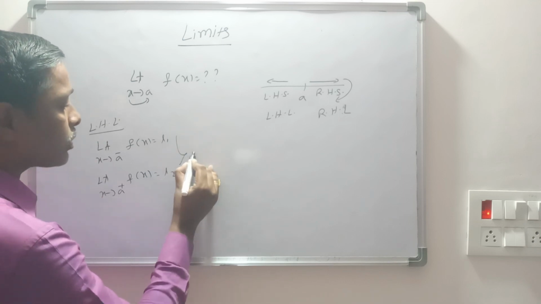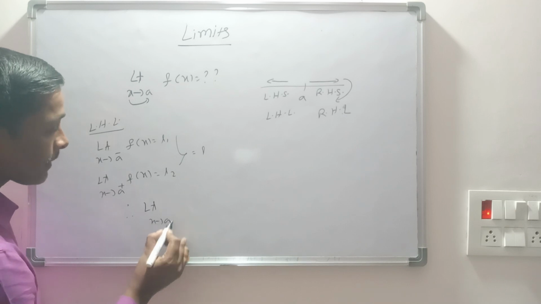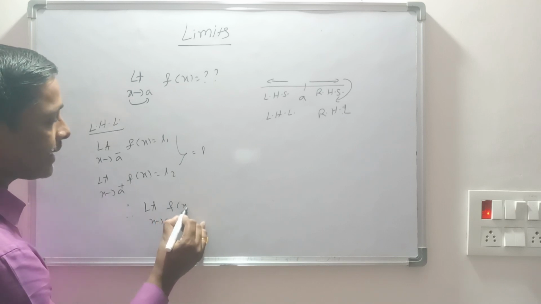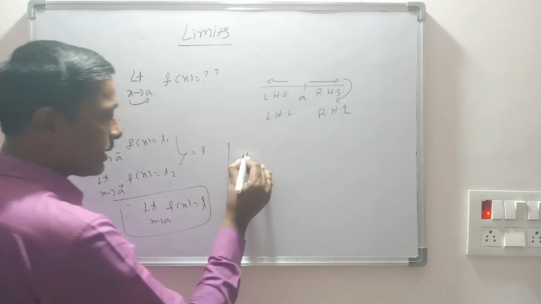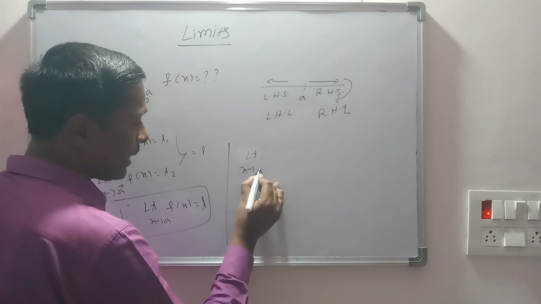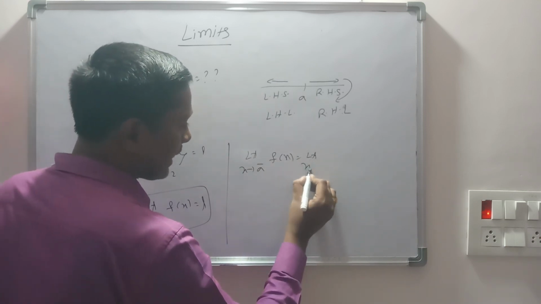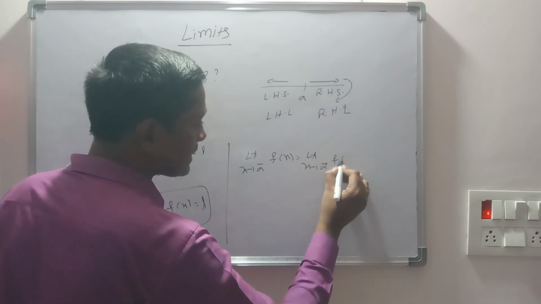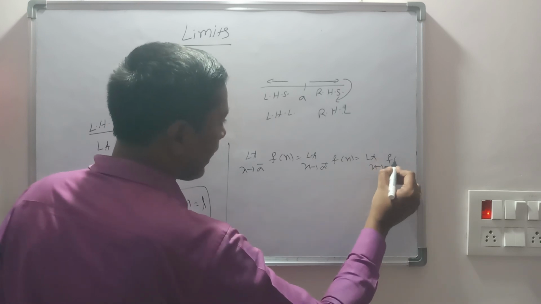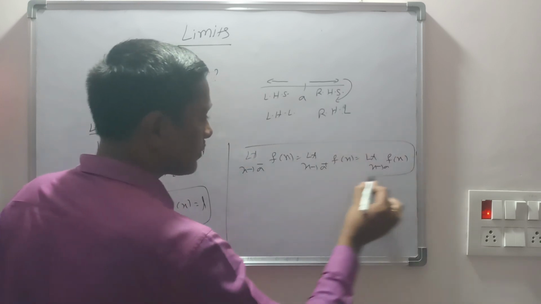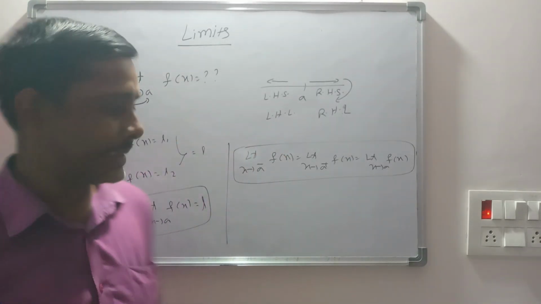If these two are equal to some L, therefore limit x tends to a of f of x is equal to L. This is called the limit. That is, limit x tends to a minus f of x is equal to limit x tends to a plus f of x is equal to limit x tends to a f of x.